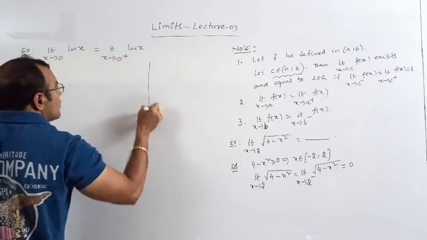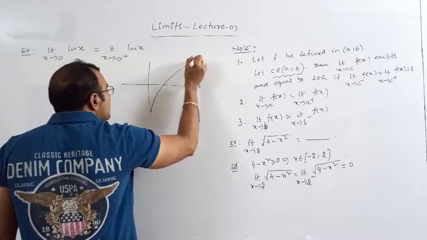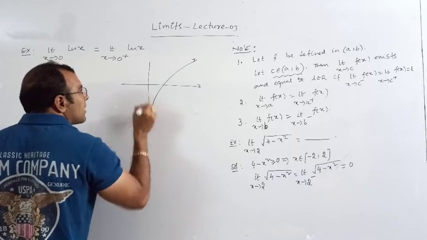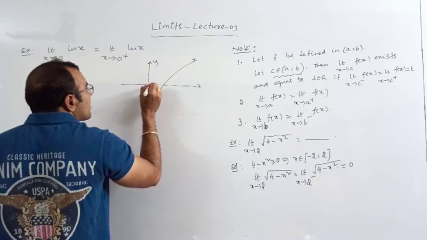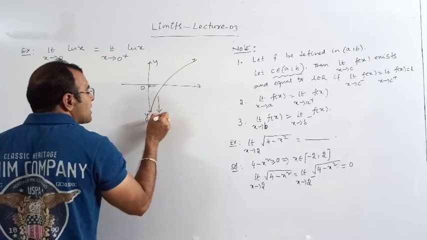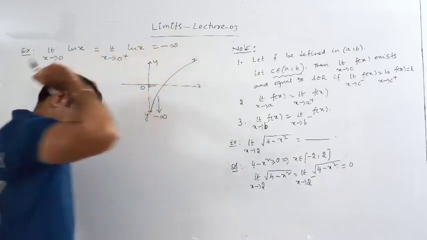With the graph, you can tell your answer. You see, this is the ln x graph. When you are approaching 0 from the right side, your values are drastically going down towards minus infinity. Therefore, this is equal to minus infinity.